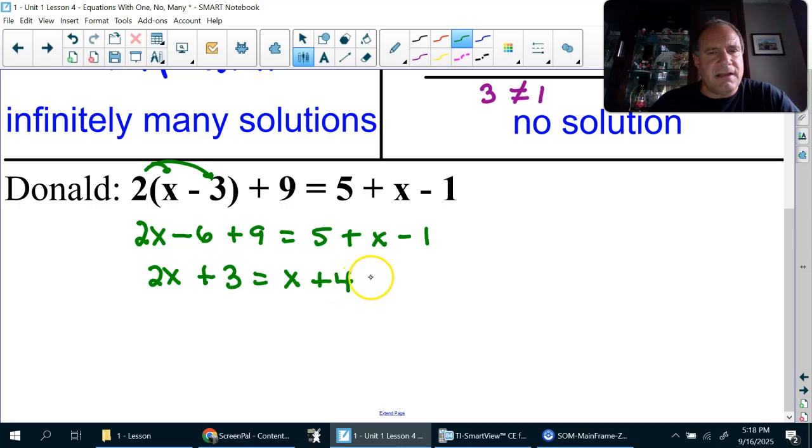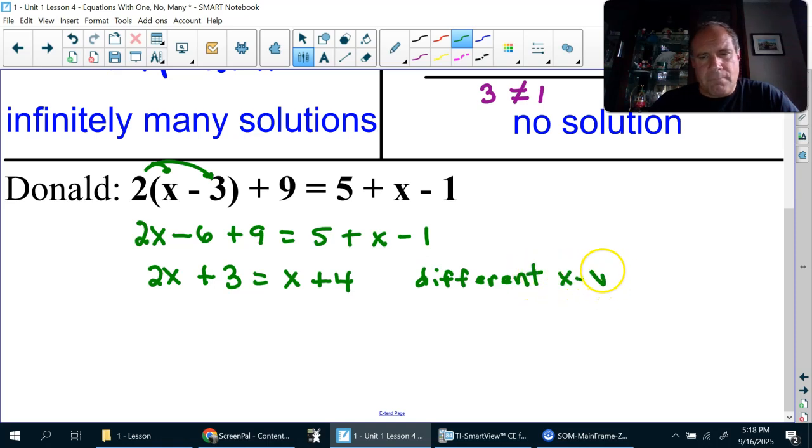Now, I could already tell this has one solution. There's different x's. Different x values means one solution. So we're going to solve this.